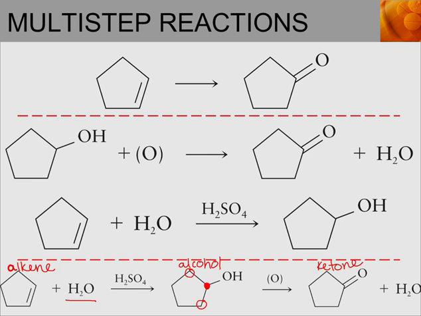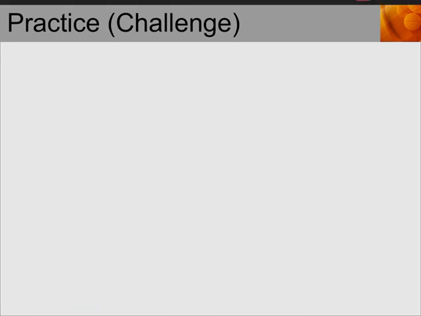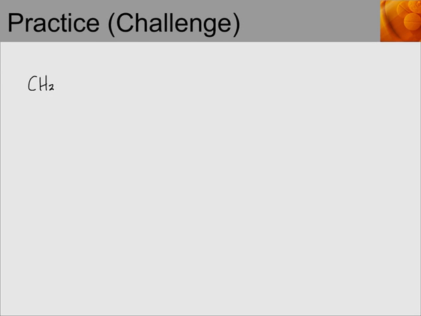Okay, so let's try a problem on our own. Let's see if we can figure out another multi-step reaction. Okay, so let's say you're starting again with an alkene. So I'm going to give you a different alkene here. And ultimately, we want to end up with a ketone.